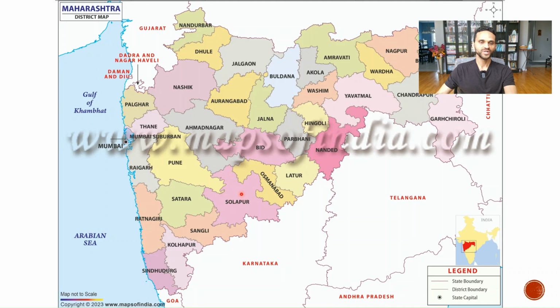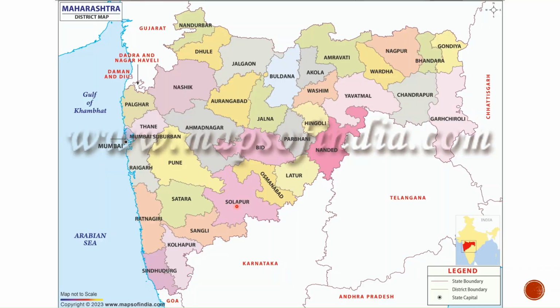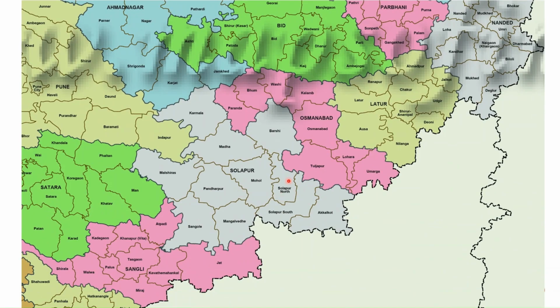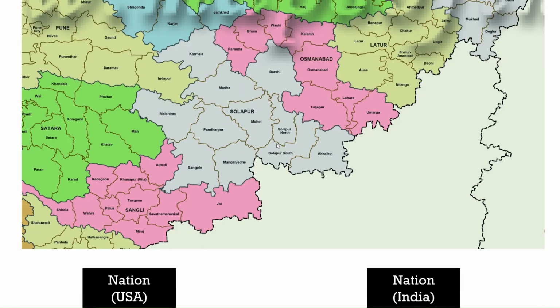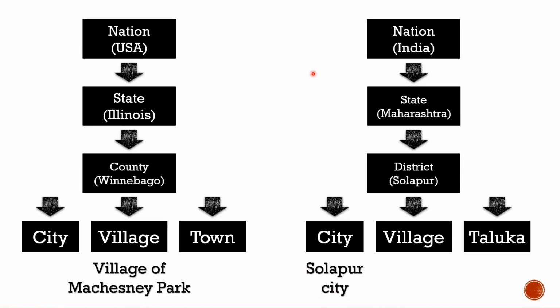Now, if I zoom into a certain district in Maharashtra, let's pick Solapur. In the district of Solapur, there is, of course, the city of Solapur, but then there are small towns, talukas, and villages: Pandharpur, Mohol, Barshi, etc. So, you can see the US and India are structured quite similarly from the nation level at the top to the town level.